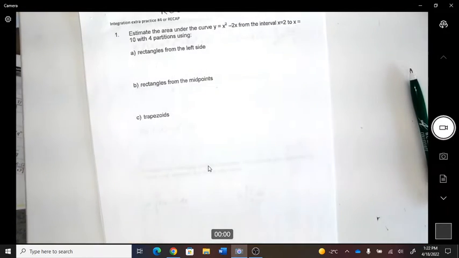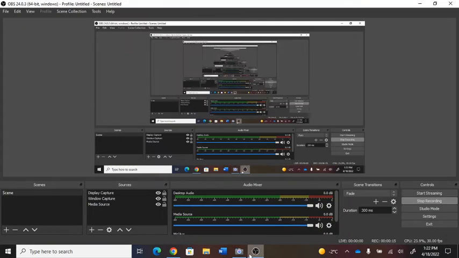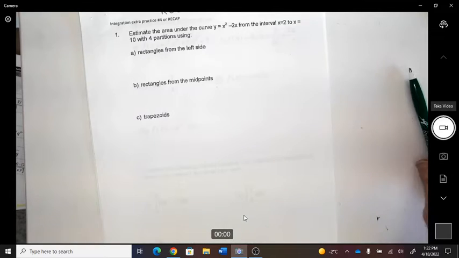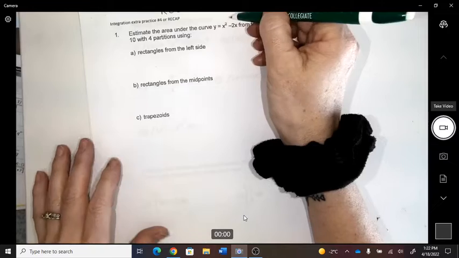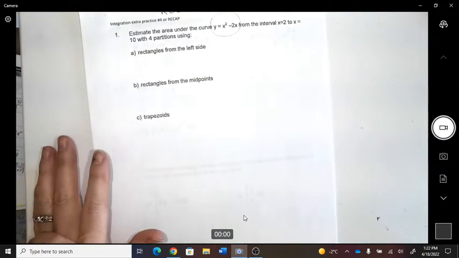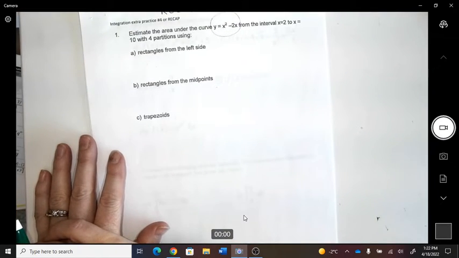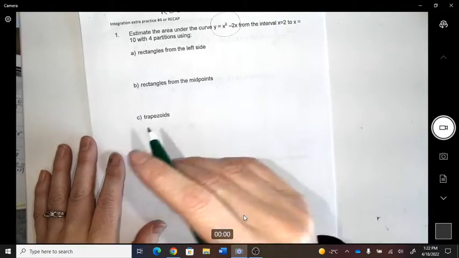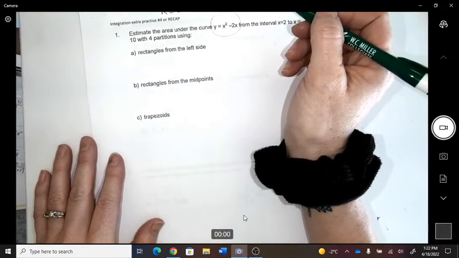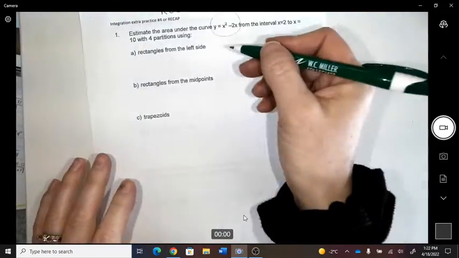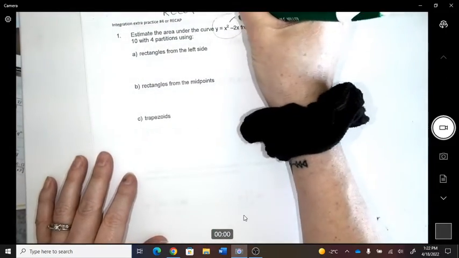Estimate the area under a curve, so you will have one of these. Okay, so what do I know if I want to just kind of quickly sketch that? Anybody know what's going on? It's a parabola, opens up. Should we factor this maybe? That might be.